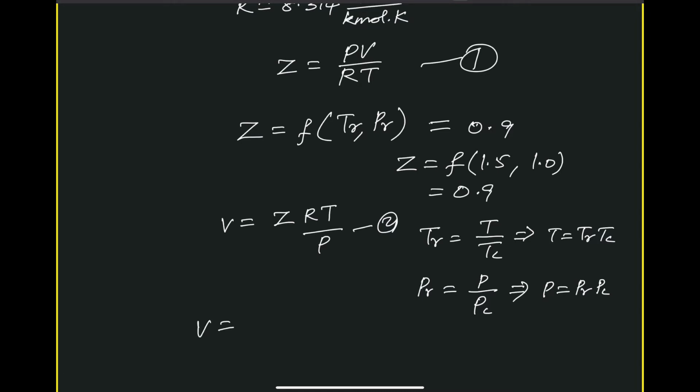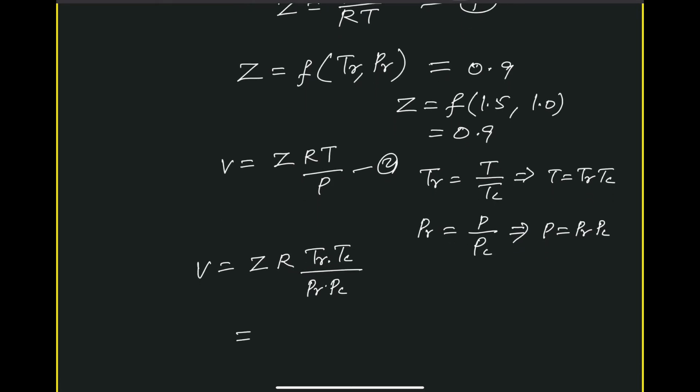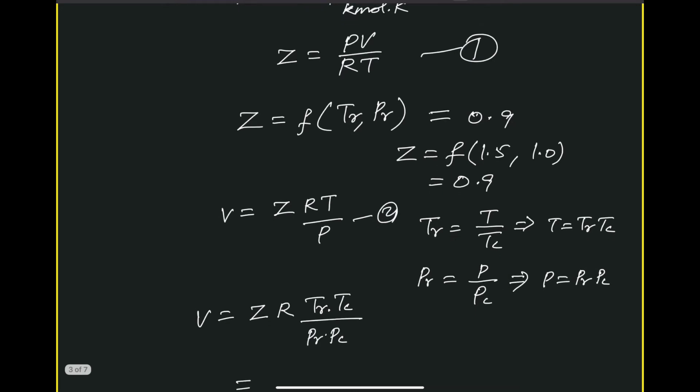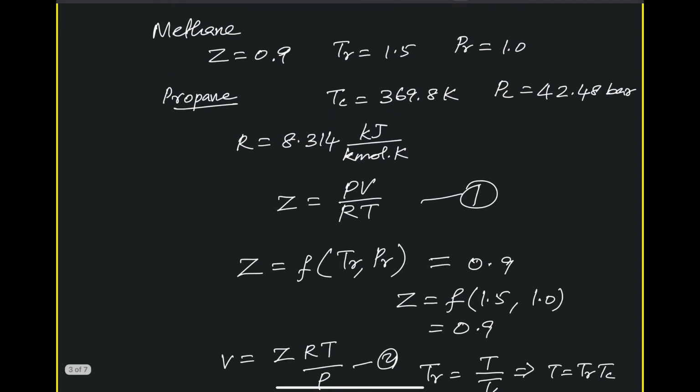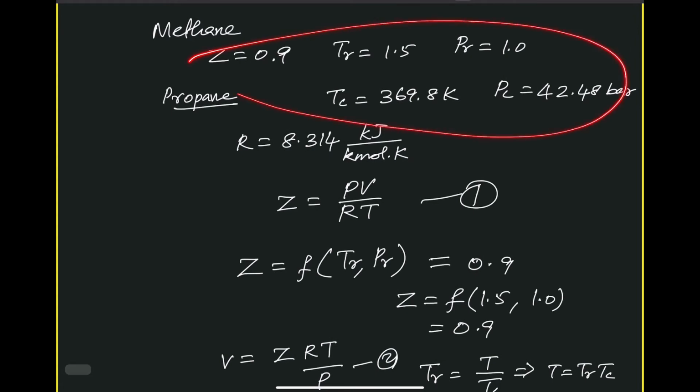Using the relations for TR and PR in equation 2, we get V equal to Z R T, where T is TR TC, divided by P, which is PR PC. Everything is available here: TR, PR, TC, PC. So we can simply substitute.